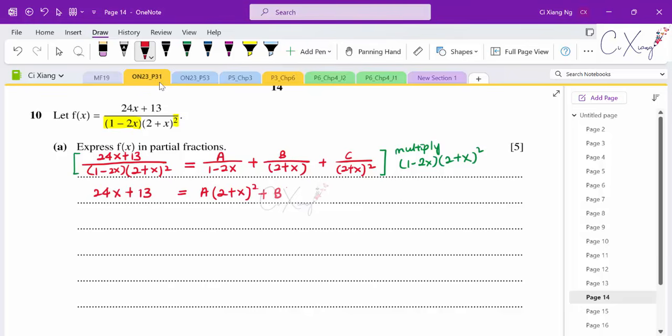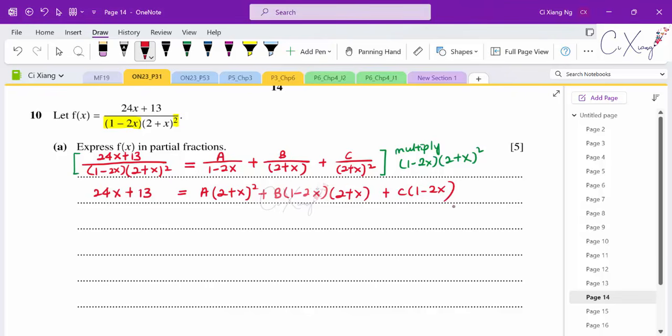Then for the B, you're having 1 minus 2x and then multiply with 2 plus x. Then for C, you have 1 minus 2x. So you multiply every single term with 1 minus 2x times 2 plus x squared. After you simplify, this is something that you should get.